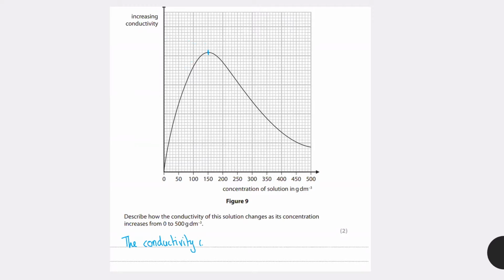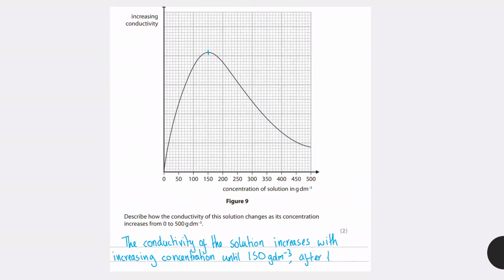The conductivity of the solution increases with increasing concentration until 150 grams per dm cubed.